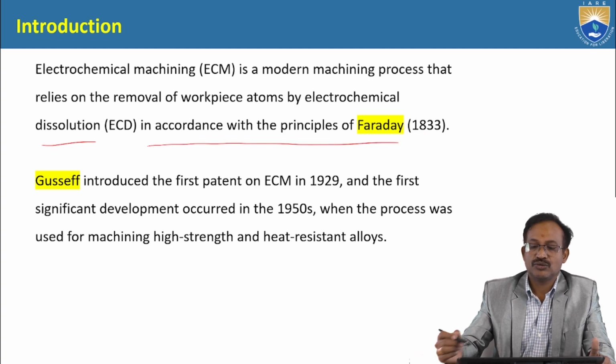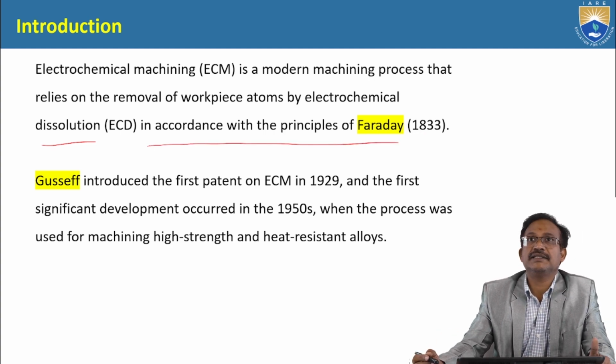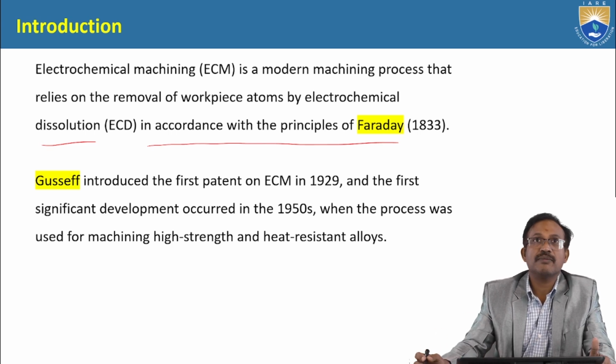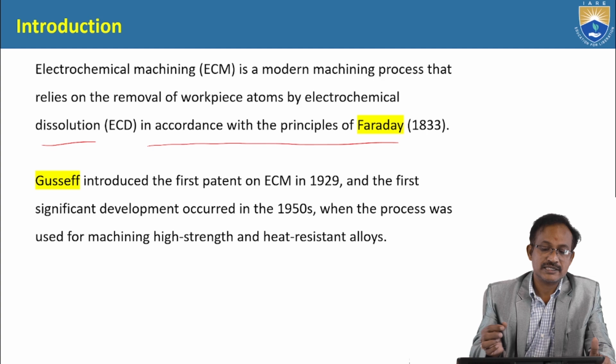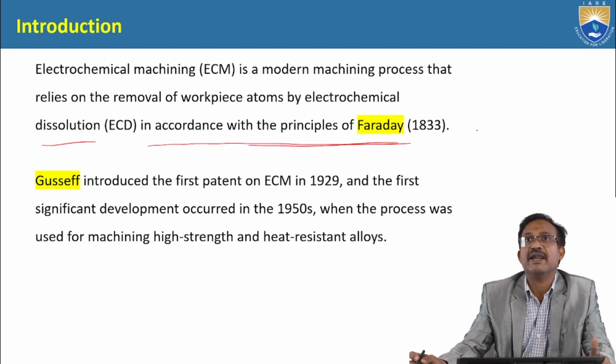During 1833, Faraday reported that electrochemical machining is a modern machining process that relies on the removal of workpiece atoms by electrochemical dissolution as per the principles of Faraday.